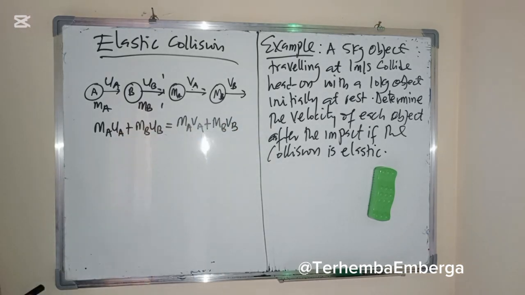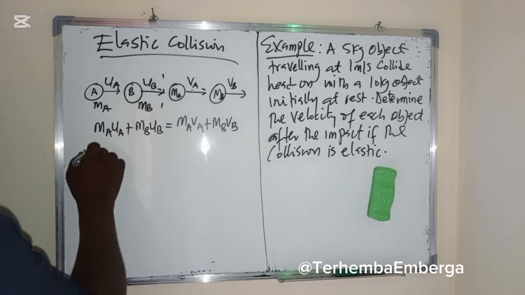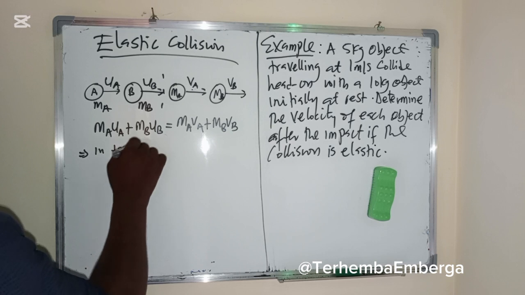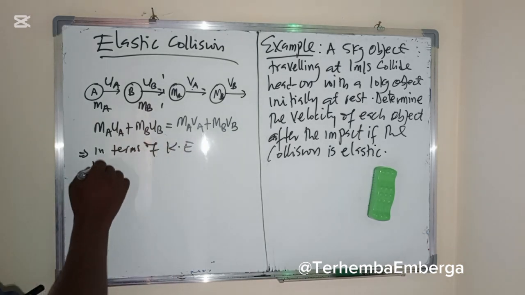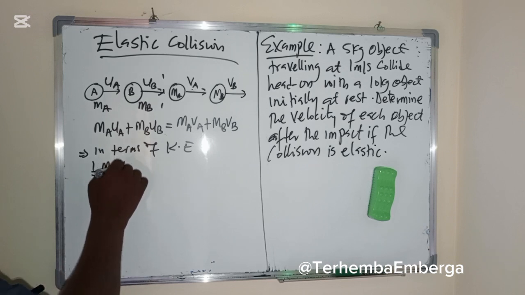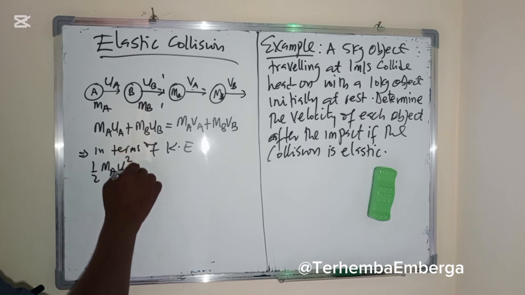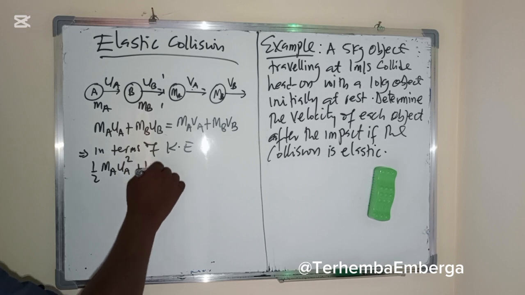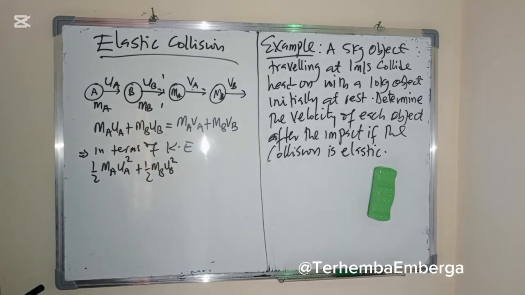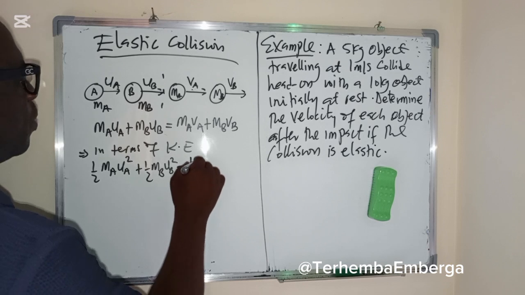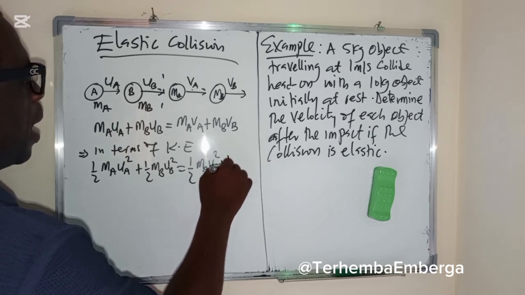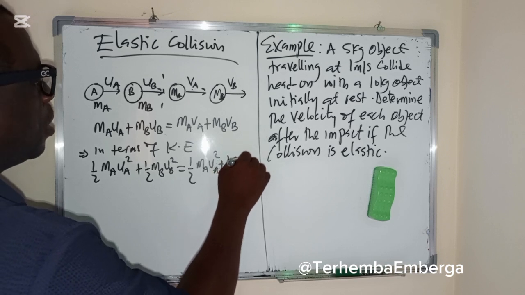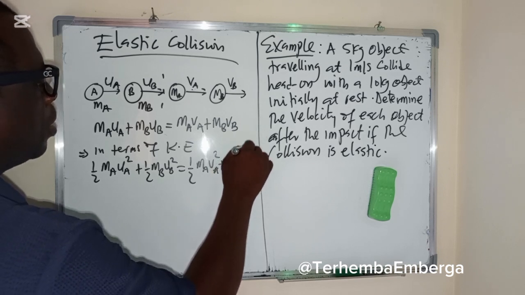So in terms of kinetic energy, what happens? We can write this as half MA UA squared plus half MB UB squared, equal to half MA VA squared plus half MB VB squared.